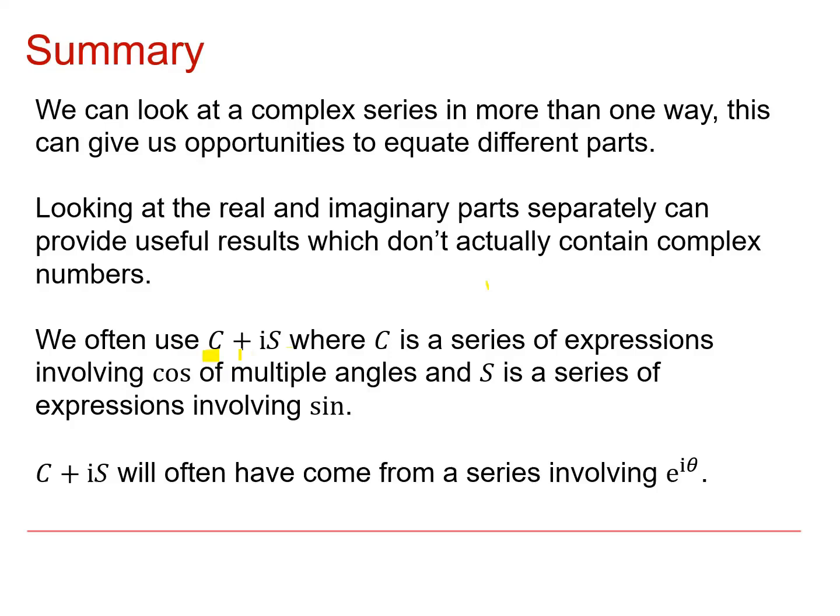We often use this type of expression, C plus IS, where C is the real part and S is the imaginary part of a series, and the C part often ends up involving cosines of multiple angles and the S part sines of multiple angles.